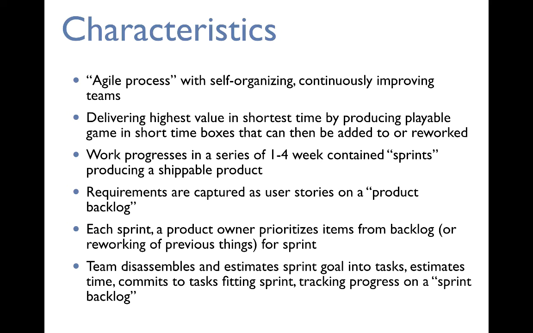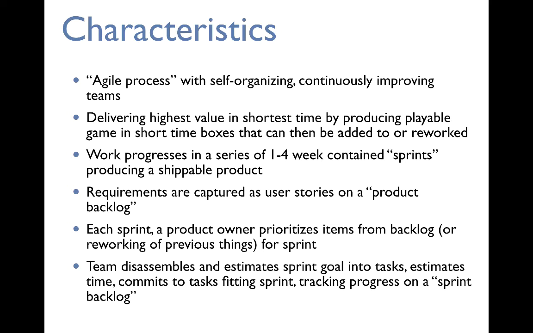You capture the requirements, the stuff that your game is made out of, as user stories in a so-called product backlog, a list of the things, and then every sprint, every time iteration, a product owner, that can be a team or somebody else, prioritizes items from that backlog or adds something to them, like reworking the existing game for that sprint.